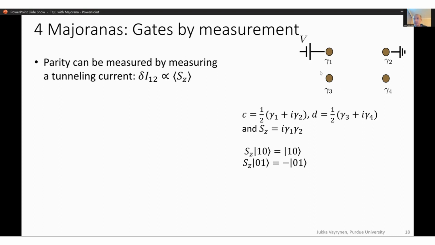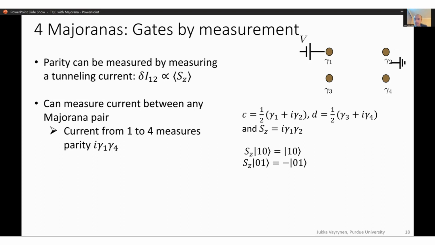Now in this picture on the top right, there's of course nothing special about gamma 1 gamma 2. In principle, you can measure current between any two Majoranas. So I could measure from gamma 1 to gamma 4, for example. You can show that this gamma 1 gamma 4 is the sigma X operator.